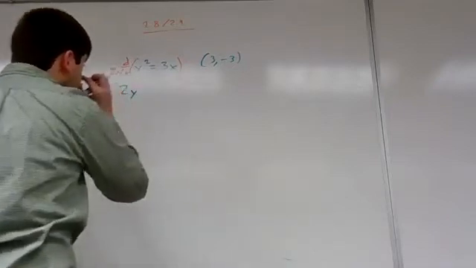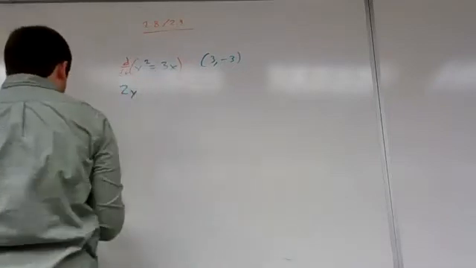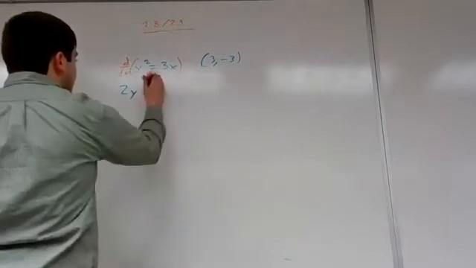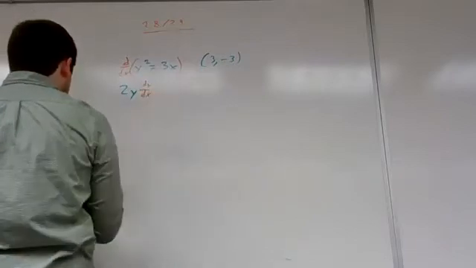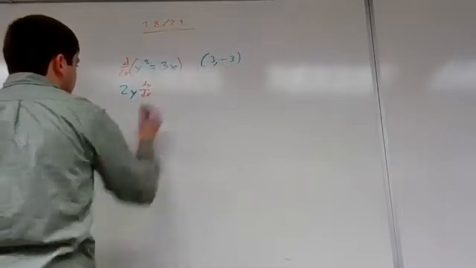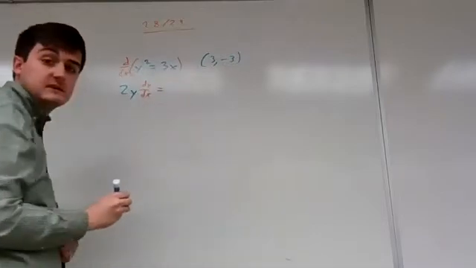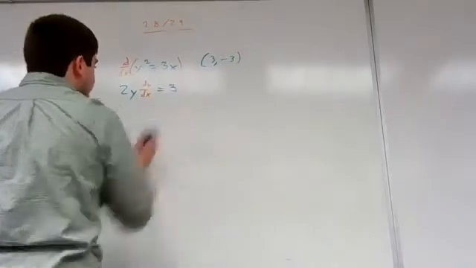Let's take the derivative as if it was x, but then I need to add on a dy over dx. And we want this to be equal to the derivative of 3x, which is simply just 3.